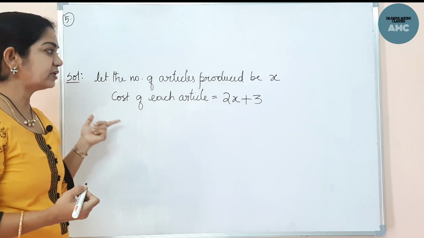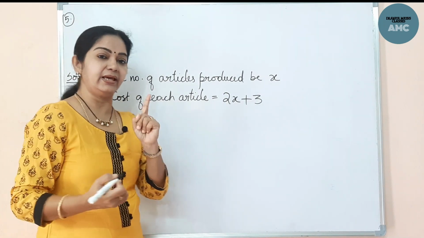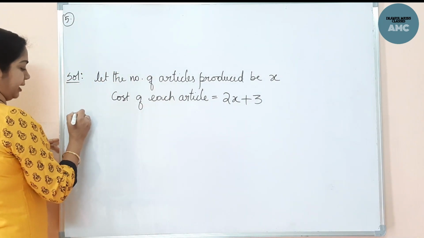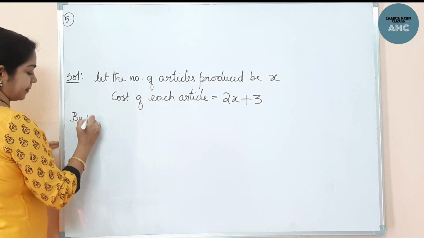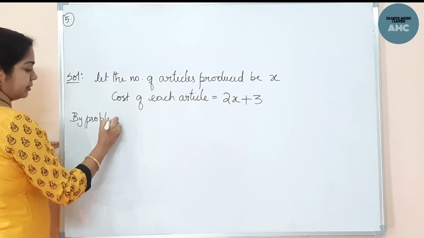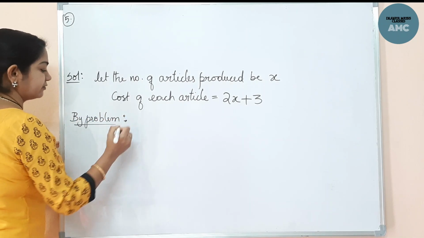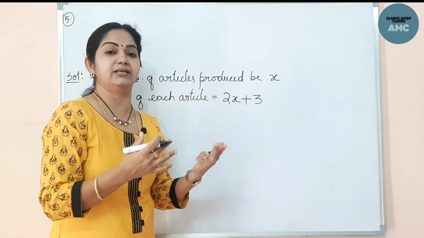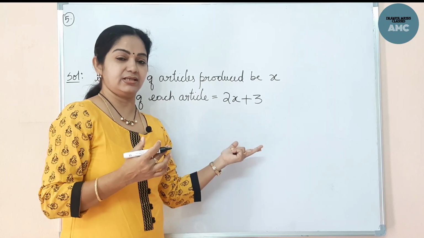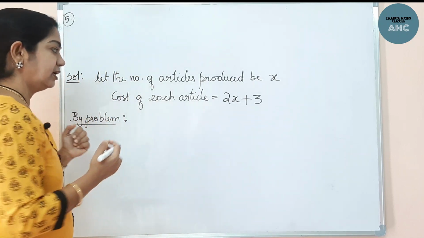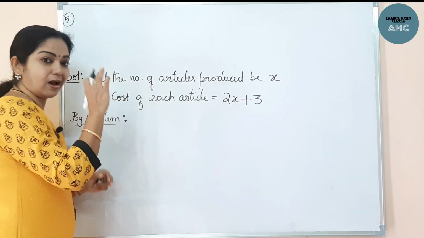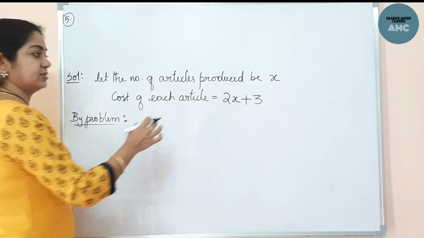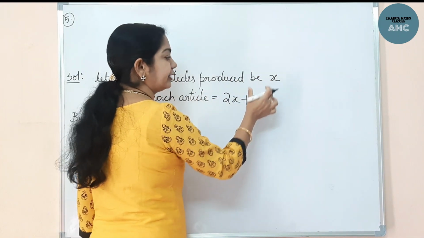Now here also, what is the given information from the problem? The total production cost in a day is 90 rupees. So how do we get the rupees? The number of articles into the cost of each.